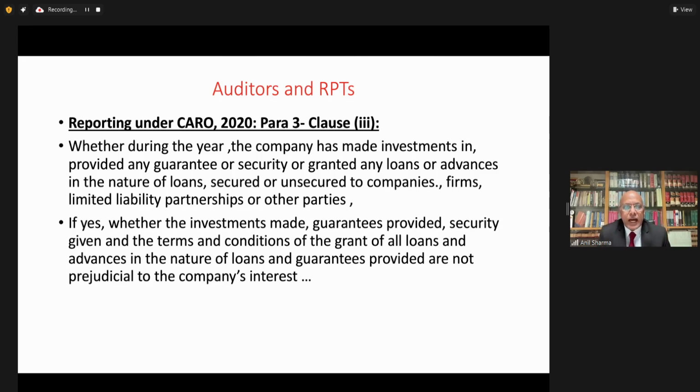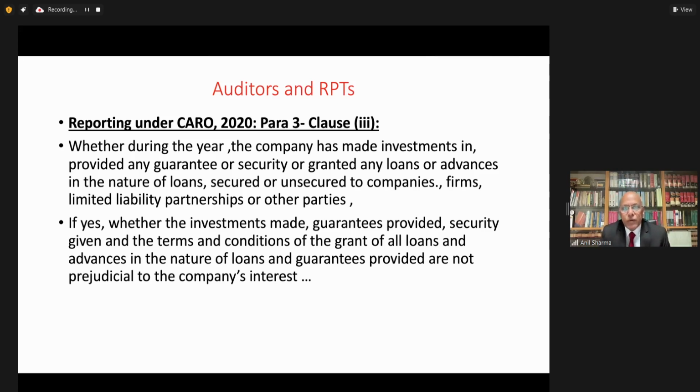Technically, these were transactions which were earlier also required to be examined by the auditors, and auditors must have been examining them. But if nothing was found, if there was no non-compliance, no report was being made. But now under CARO 2020, some specific reporting has been brought into our reporting mechanism.